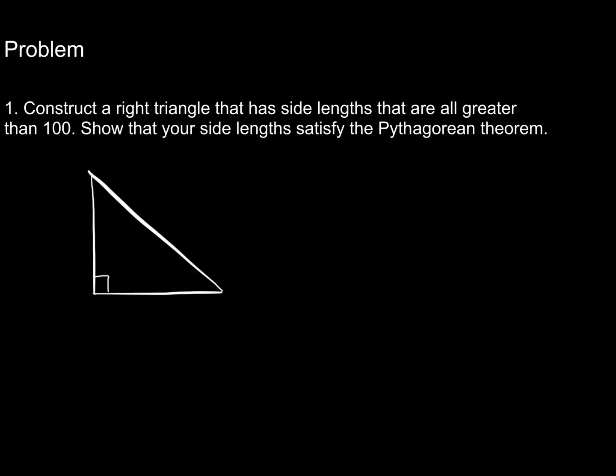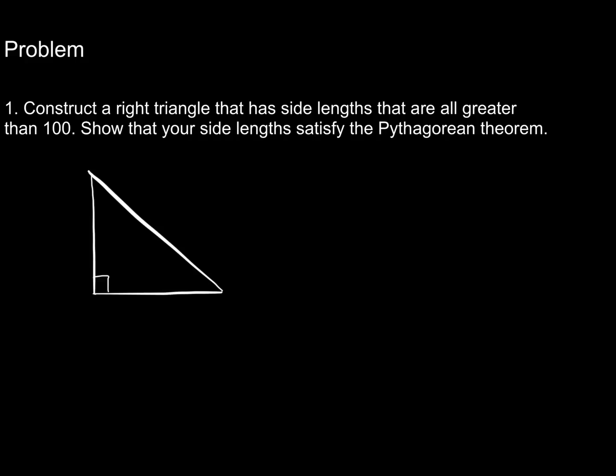Okay, so whenever I'm dealing with a situation like this, I want to clearly write out what it is that I'm going to be creating. So I'm creating a right triangle here, and I want to represent what each side length is going to be made up of. So using the identity that we just wrote down, we're going to be writing each side length in terms of our choice of m and n.